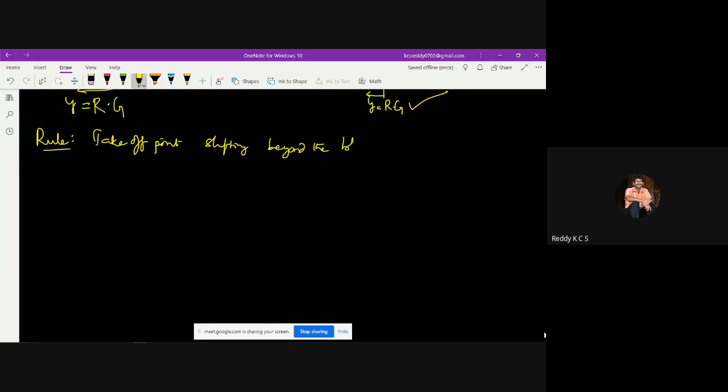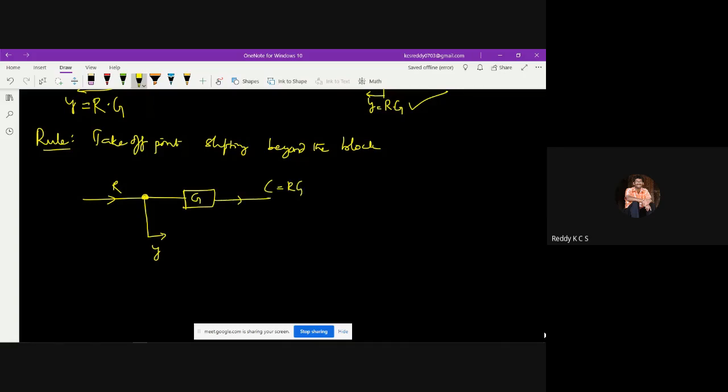Beyond the block means toward the right side. Say for example, this is r and I have a takeoff point here for measuring the feedback signal y, and then this is g, and the output is c, which is equal to rg only.